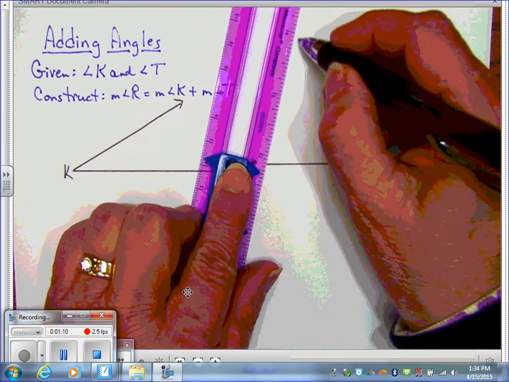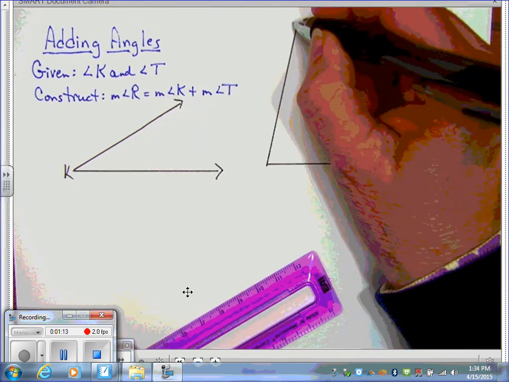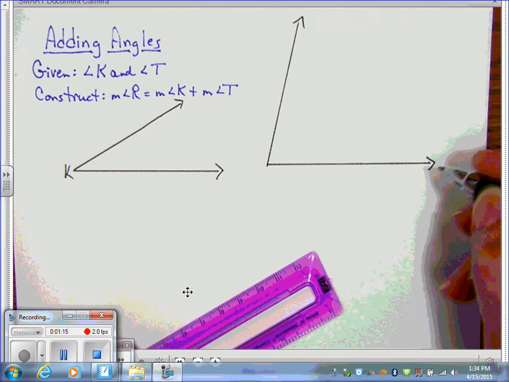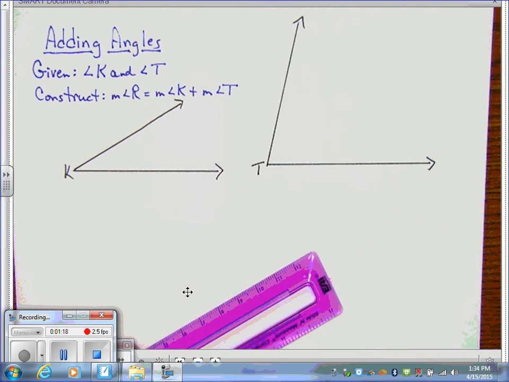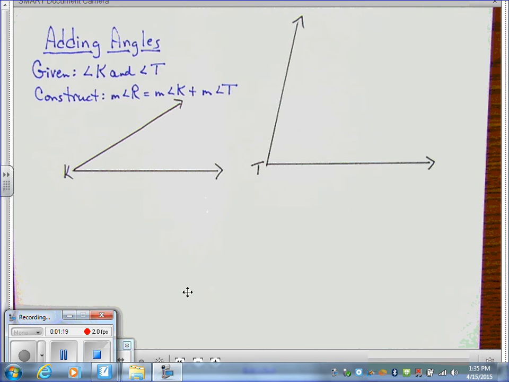Something like that. Angle K and angle T. Everybody get those two angles drawn in your paper. One's a small acute angle, one's a larger acute angle. All right.